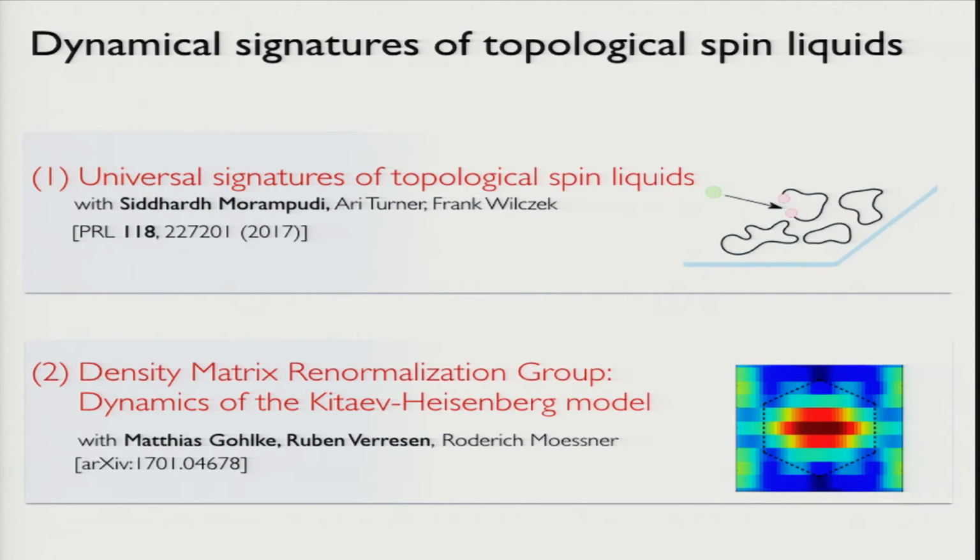And this is exactly what I want to discuss. In the first part of my talk, I want to discuss a simple model. Let us assume that we have a gapped topological spin liquid for which I know that the emergent excitations are anyons of a specific type.